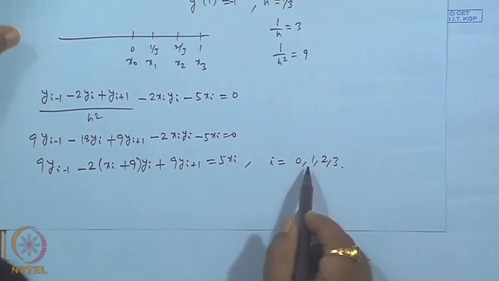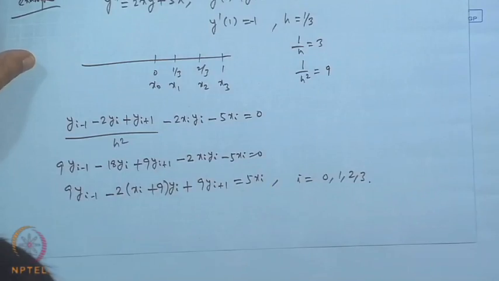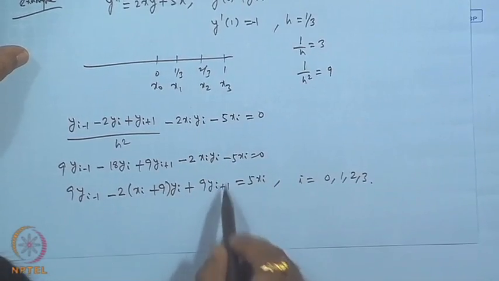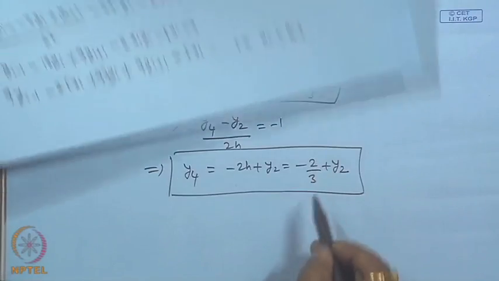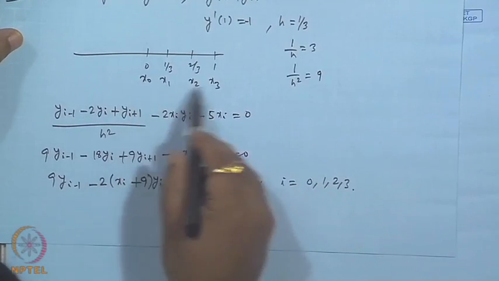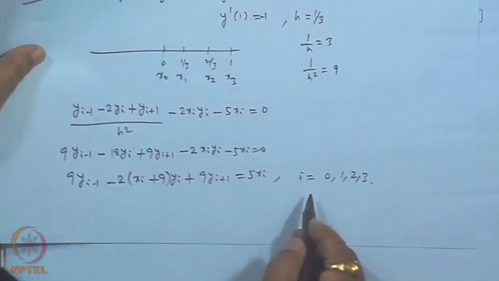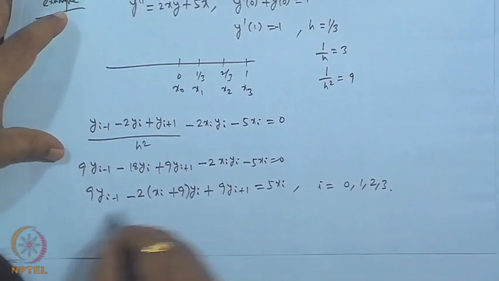So, we get 4. So, how many unknowns? So, two fictitious values will come. So, they will be eliminated. So, 4 equations in 4 unknowns.